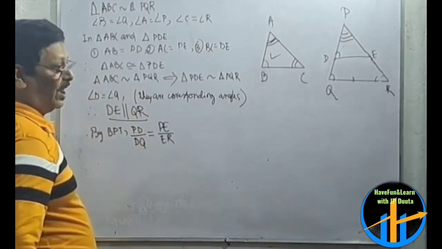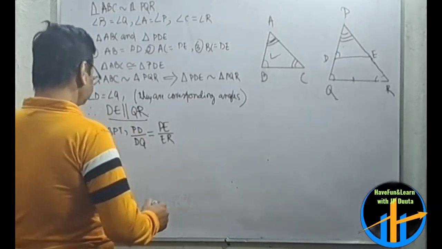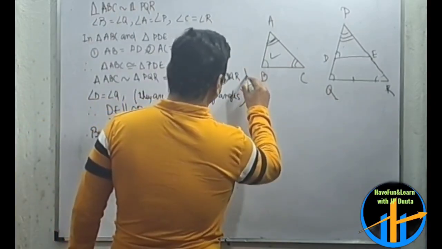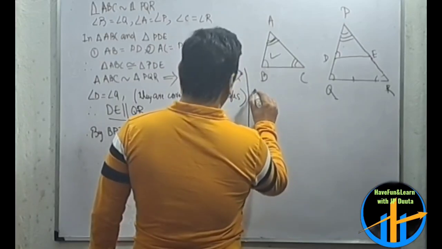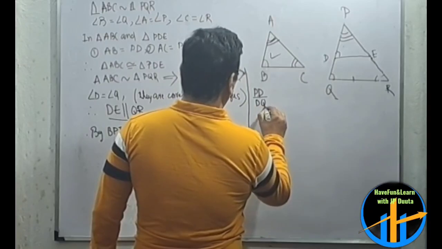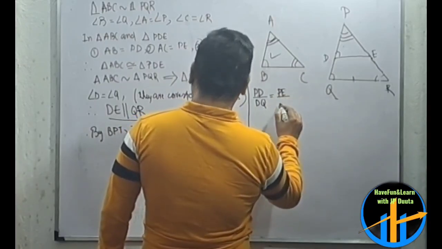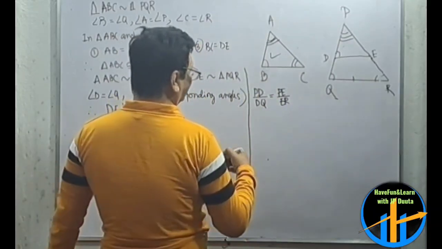Now we got this. Now how do you connect with similar triangle? See how. Since from BPT we get PD by DQ is equal to PE by ER, now we can always make them reciprocals.